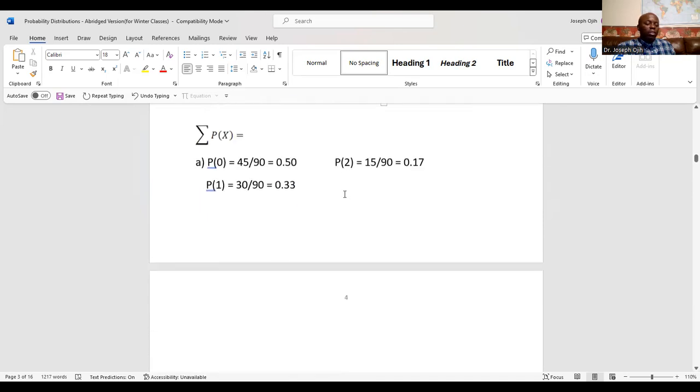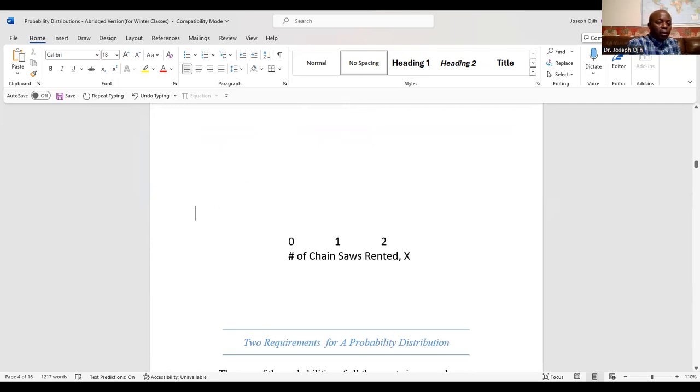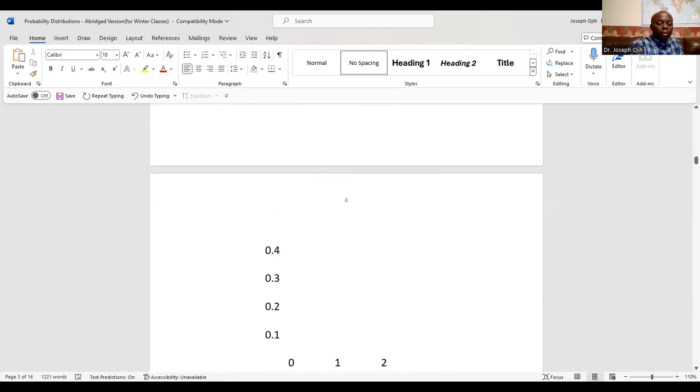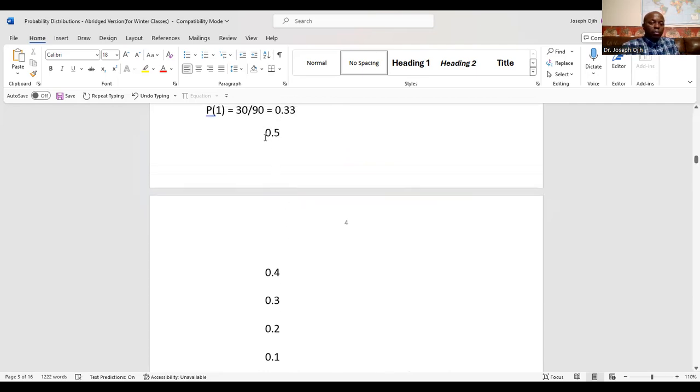So on the vertical scale we go from 0.1, 0.2, 0.3, 0.4, to 0.5. I'm going to bring it down so we have enough room.